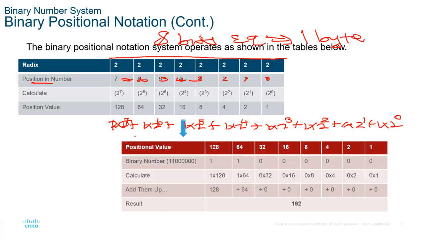So all this gives us 128, 64, 32, 16, then 8, 4, 2, and then a 1. Or we can have this other one where we have the position value.